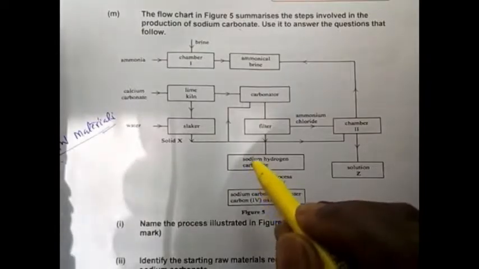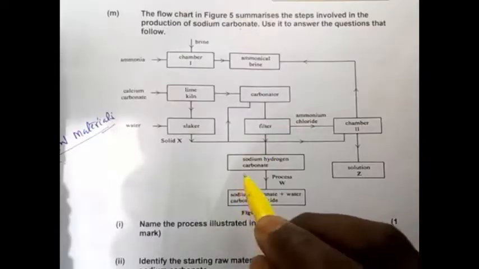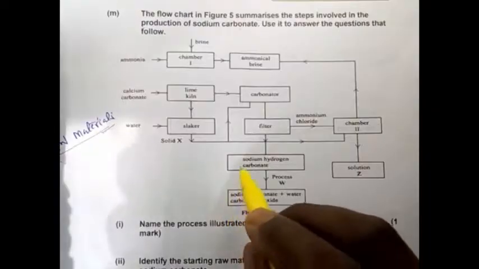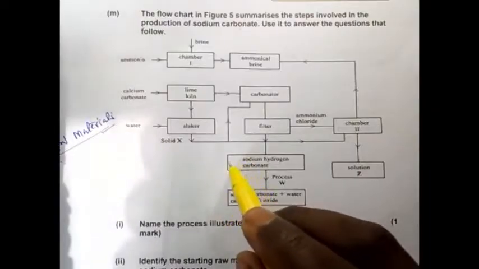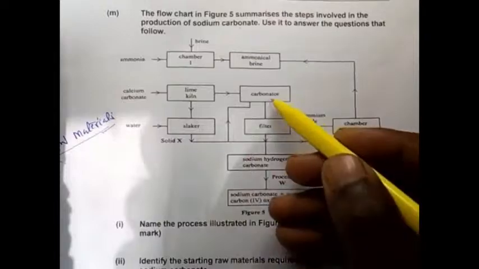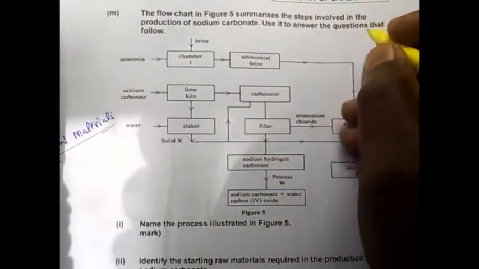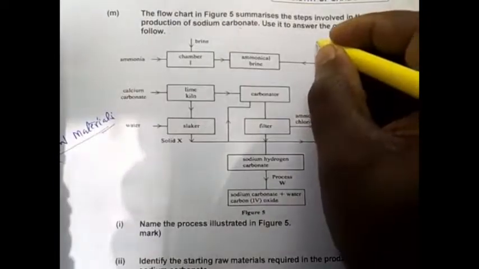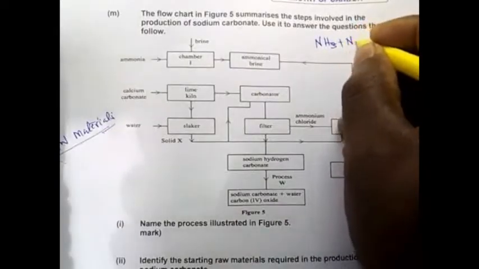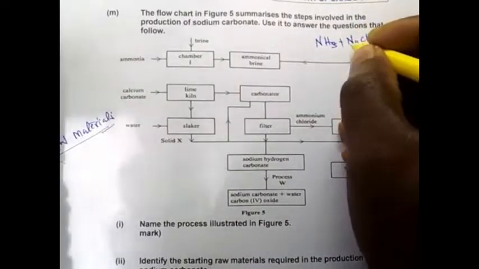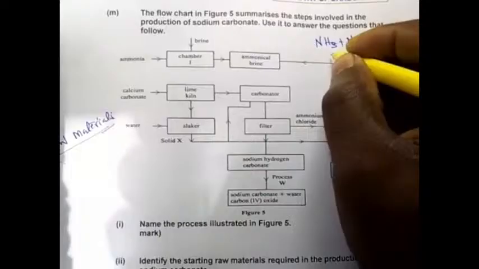Now, where is the carbonator? In some questions you will not be given the name of the carbonator like this. So what do we do? We know the raw materials here. We have ammonia gas mixed with sodium chloride brine to form ammoniacal brine.